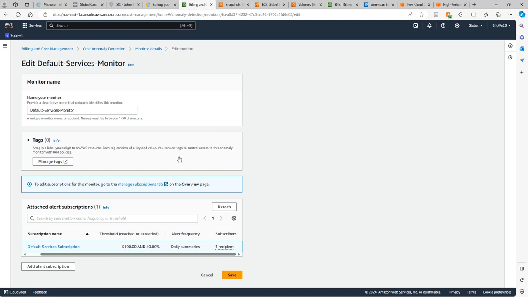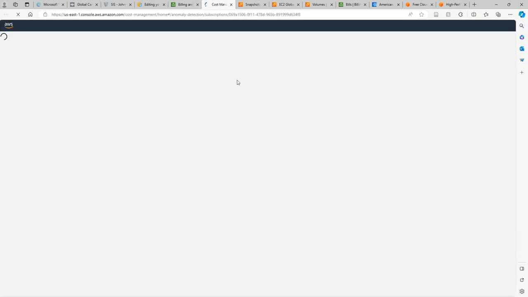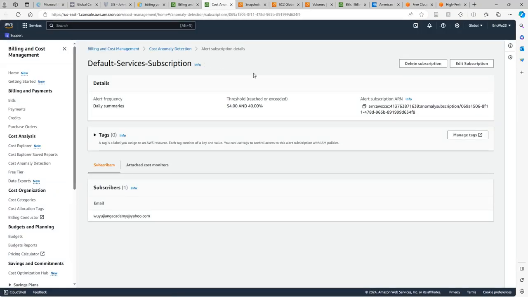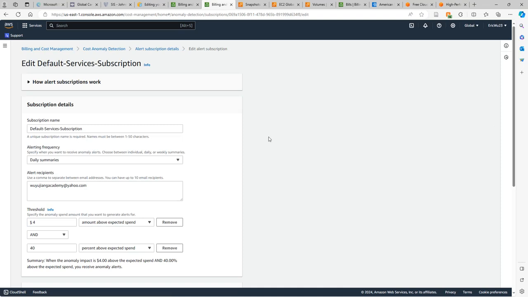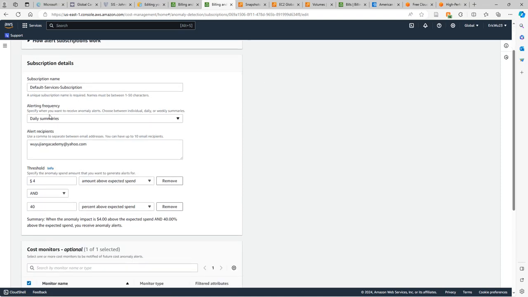So what I would like to do is to modify this to a lower amount, which I did. You just add a subscription and then add monitors, and you could lower that dollar threshold, and you'll be alerted if your daily expense is higher than that.